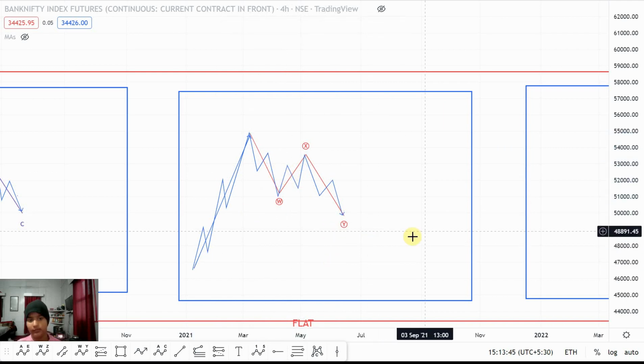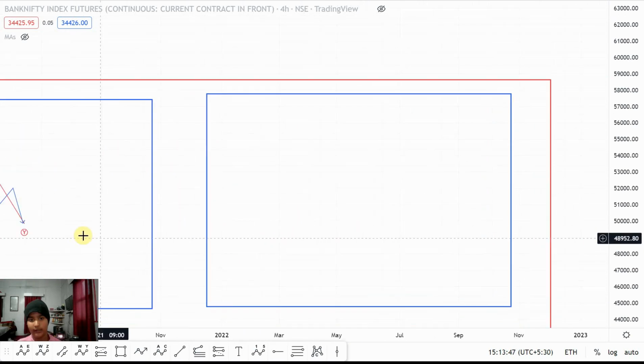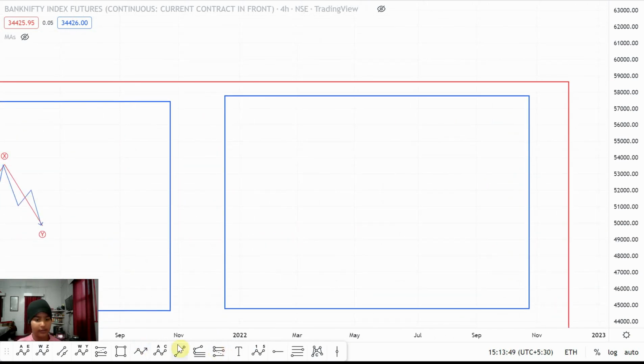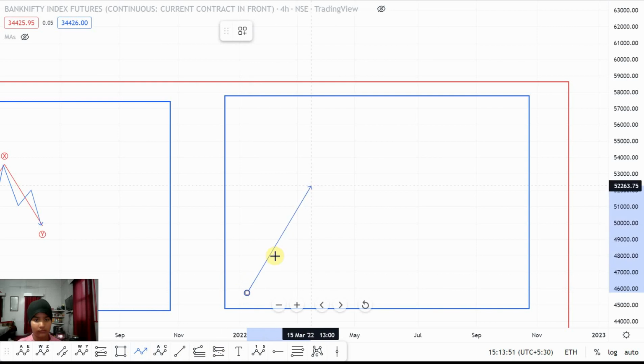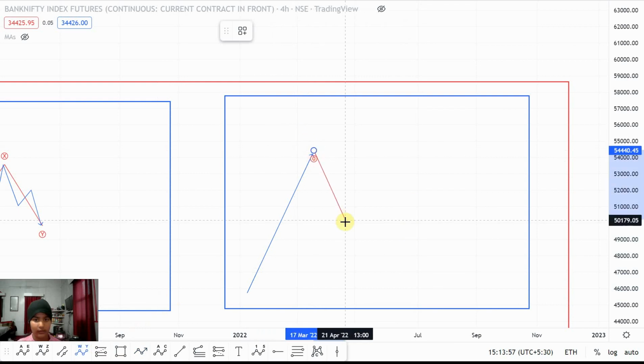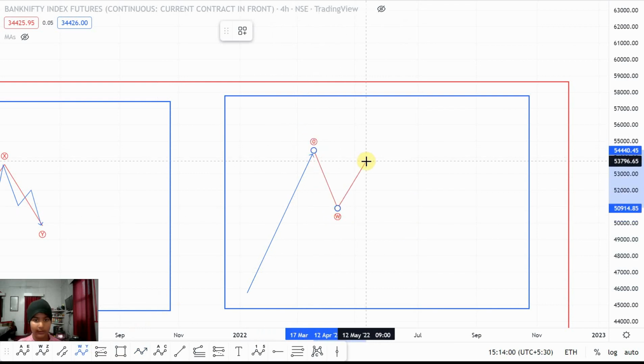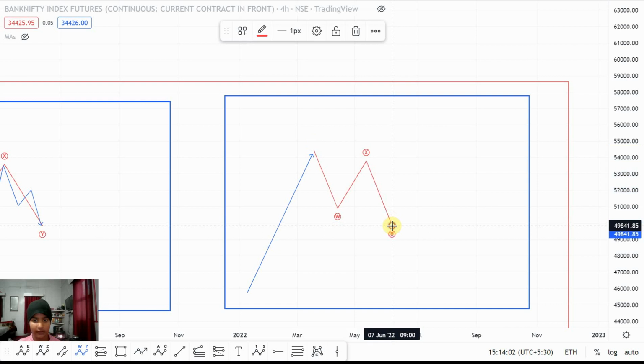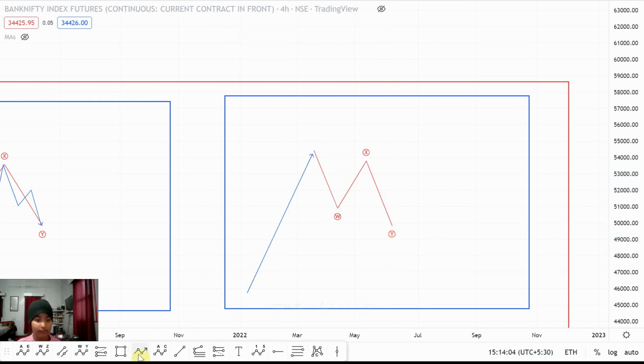Now let's come to our third zigzag, which is impulse again, and our blue, X somewhere there, and Y there.